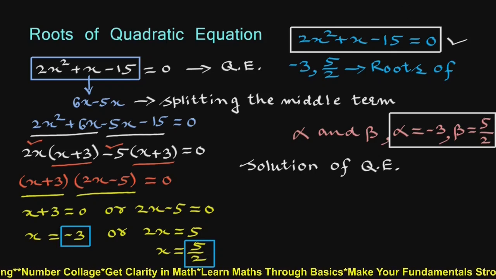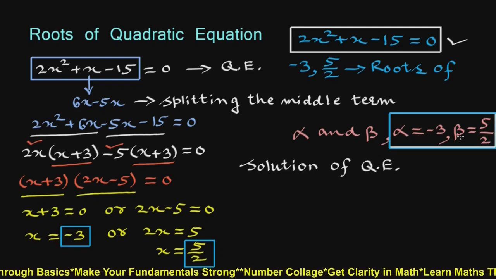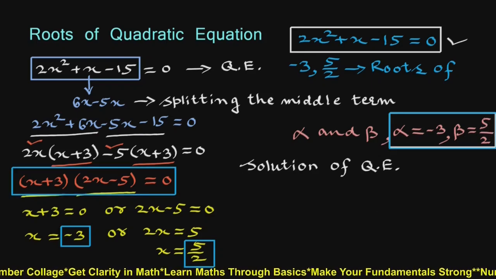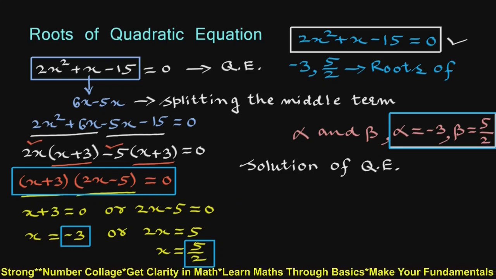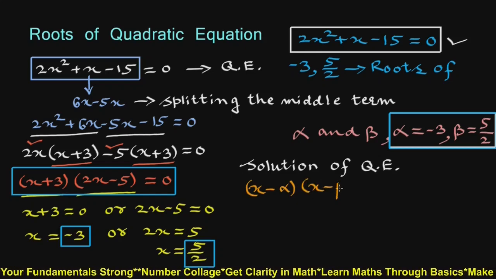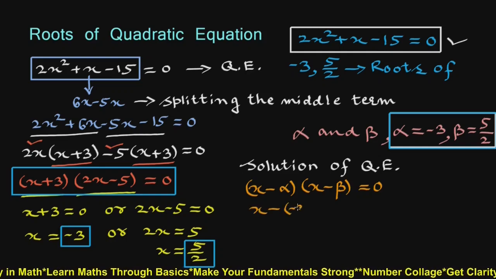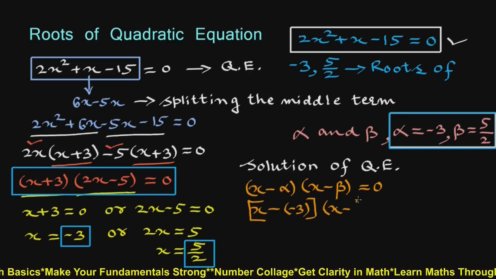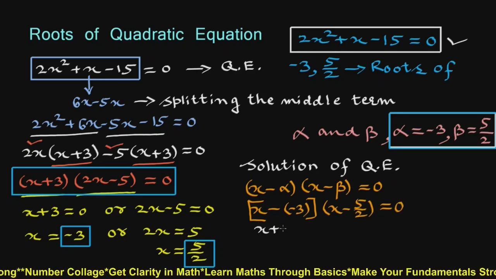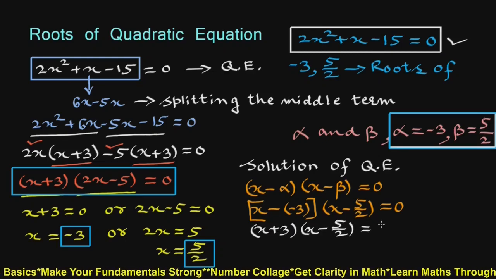Suppose these given roots are the same as these two, alpha = −3, beta = 5/2. If we write (x − alpha)(x − beta) = 0, that is (x − (−3))(x − 5/2) = 0, then we get (x + 3)(x − 5/2) = 0.